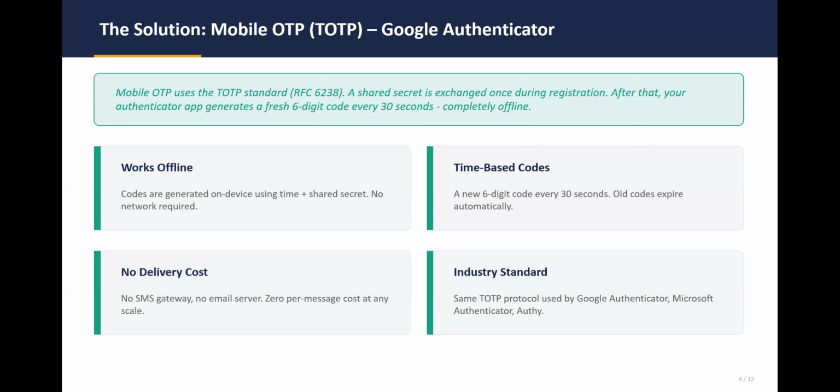After that, the app generates a six-digit code every 30 seconds just using the secret and the current time. So it completely works offline. There is no SMS gateway involved, no email server involved, and no internet needed on the phone. The code is generated locally on the device. And since the code changes every 30 seconds, if someone sees it, it will be useless within half a minute.